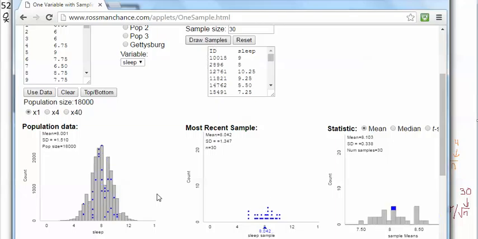The means of all of the possible samples of 30 that I could end up selecting will still follow a normal distribution. And I'm not actually going to really see a normal distribution until I take enough samples.